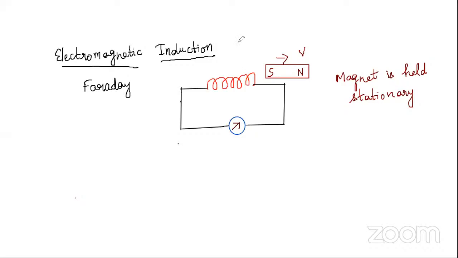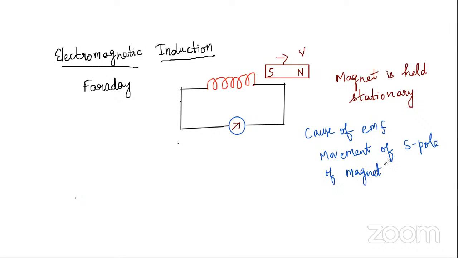That means the cause of EMF here is the movement of the south pole of the magnet away from the coil. This is the cause of EMF.